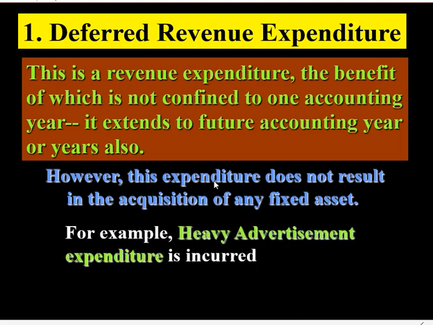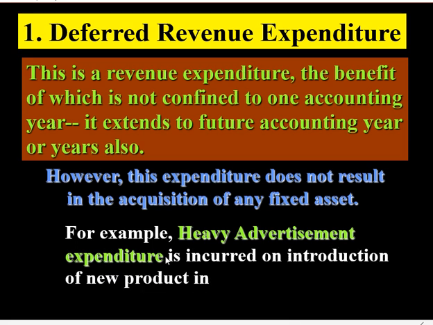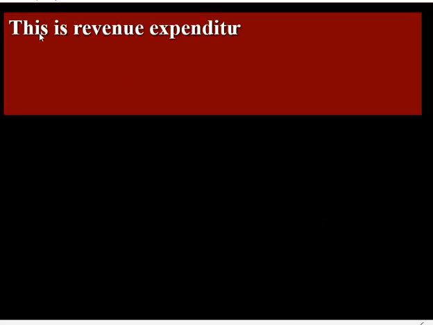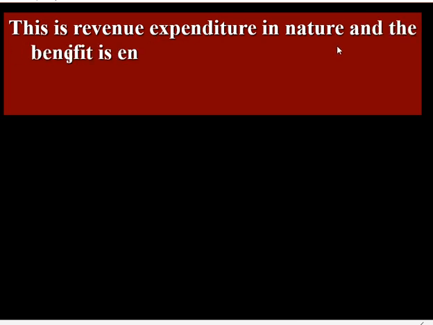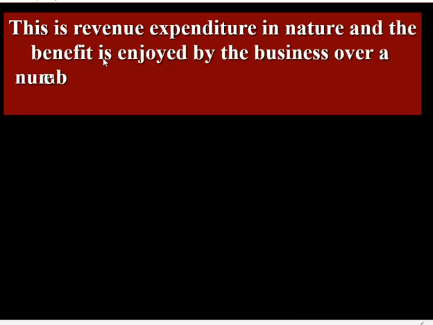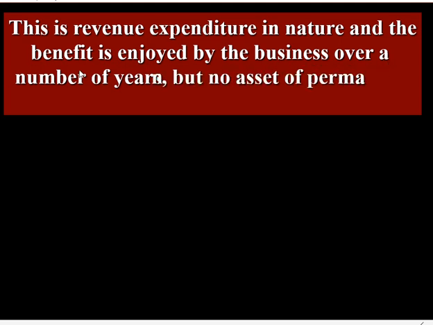For example, heavy advertisement expenditure is incurred on introduction of a new product in the market. This is revenue expenditure in nature, and the benefit is enjoyed by the business over a number of years, but no asset of permanent nature is acquired.